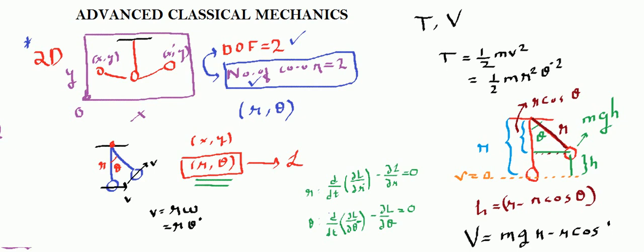Now that we know the potential energy and the kinetic energy, we can easily write the Lagrangian. We can put the Lagrangian into the equation of motion and find the equation that governs the motion of the pendulum. So let us start.